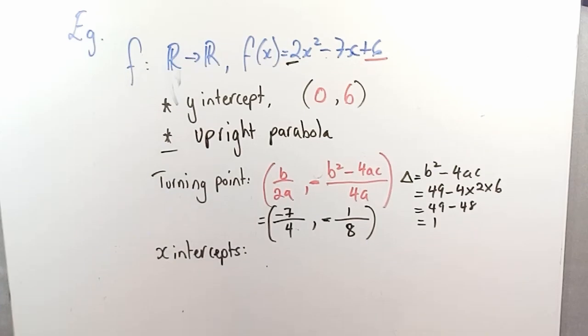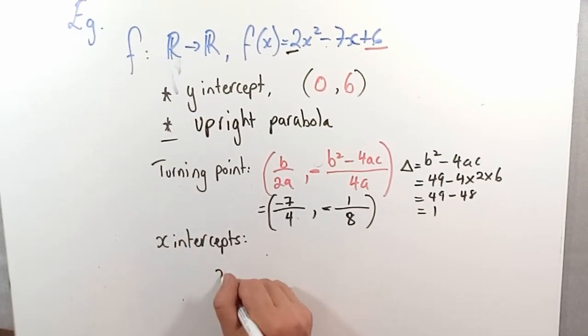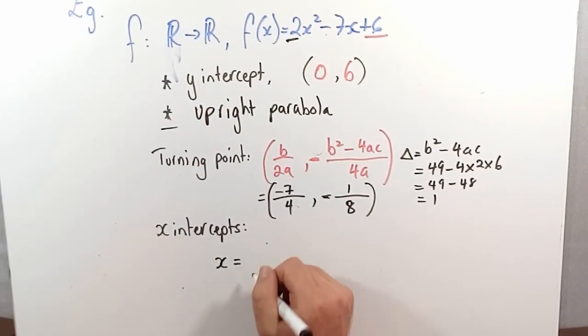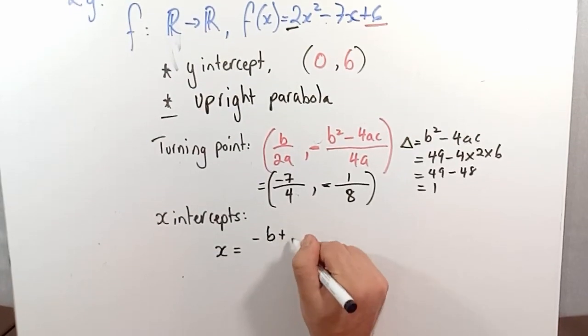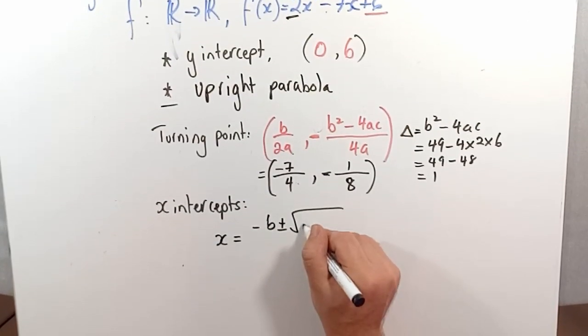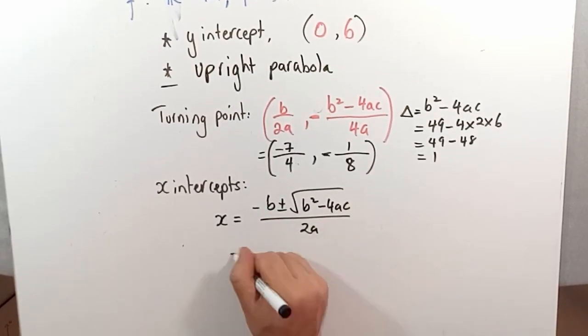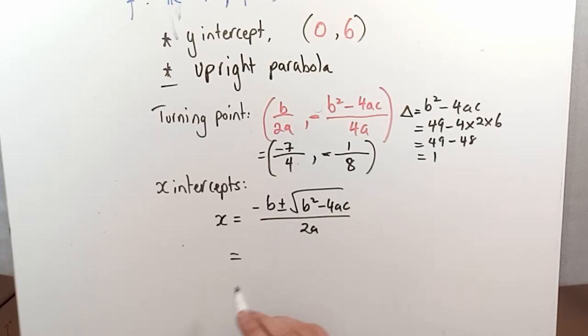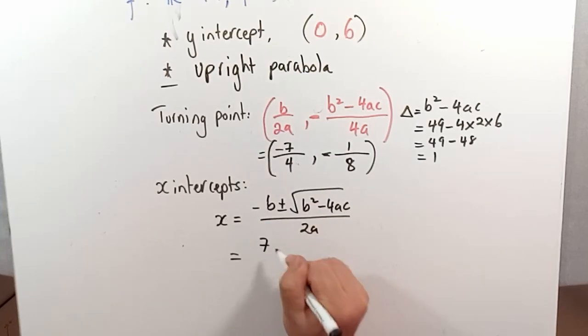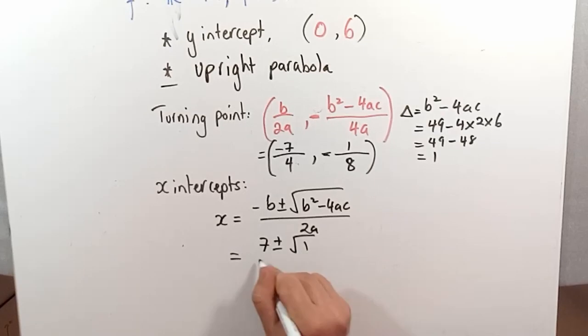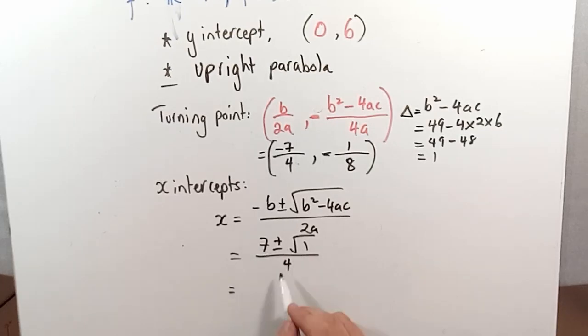All right, the x-intercepts. X-intercepts are when x equals negative b plus or minus square root b squared minus 4ac, formula you're all very familiar with, over 2a. Let's put it in. So negative b, I get 7 plus or minus square root 1 over 4. So that's 8 over 4.